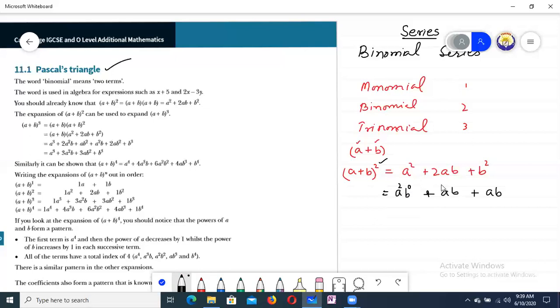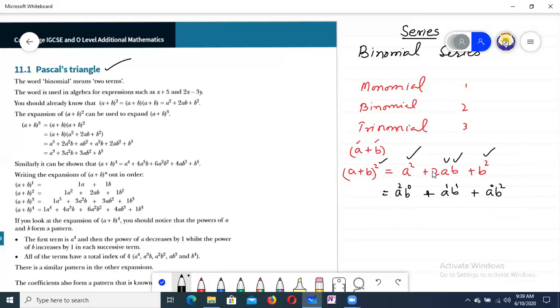As a here is 2, here will be power 1 and here 0. In the same way, b raised to the power 0, here b raised to the power 1, and here b square. Now you can see a square into b raised to the power 0 is a square. Same here: a raised to the power 1, b raised to the power 1 is ab. Here a raised to the power 0, b square is only b square.